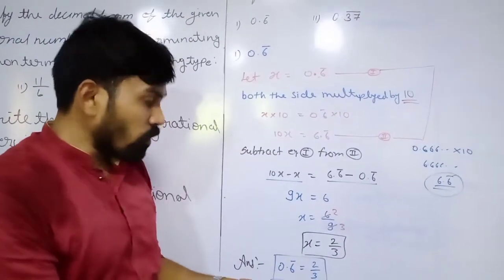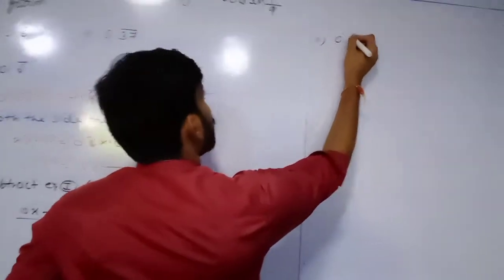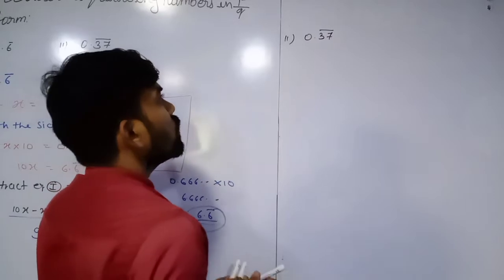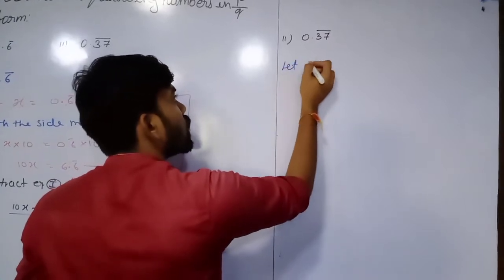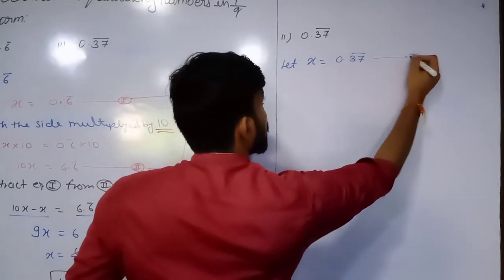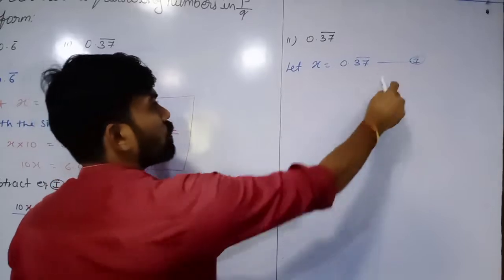Let's do the second one. That is given 0.37 bar. The first step is the same. Let x is equal to 0.37 bar, which will be equation number 1. Now after the decimal point we have 2 digits.